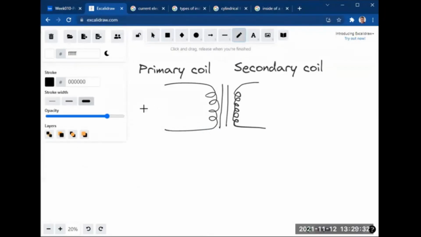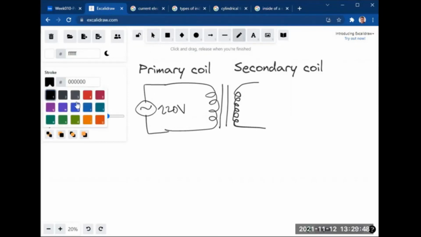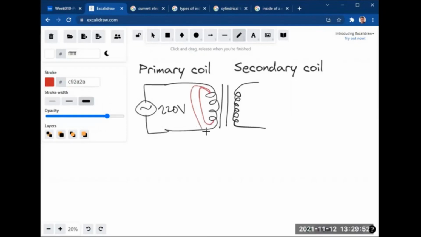So what happens here is, for example, we power the primary coil with 220 volts AC. Okay. So the current of this source will produce magnetic fields in this primary coil. Okay, so there will be magnetic fields, right? Then these magnetic fields will affect the secondary coil.